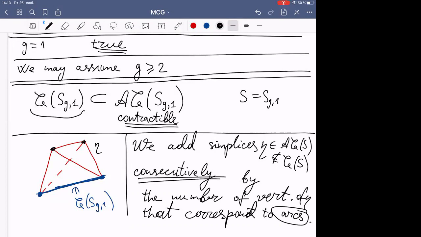So we first add these simplices, and only then add the total simplex.